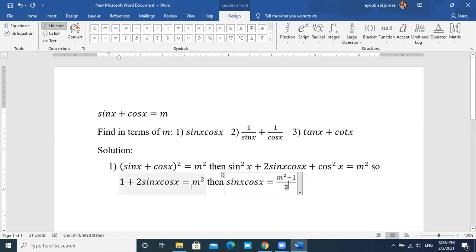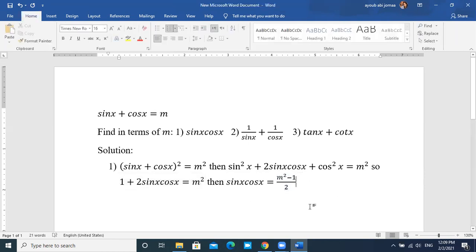Move 1 to the right side, m squared minus 1, and then divide by 2. Any questions? No, teacher.